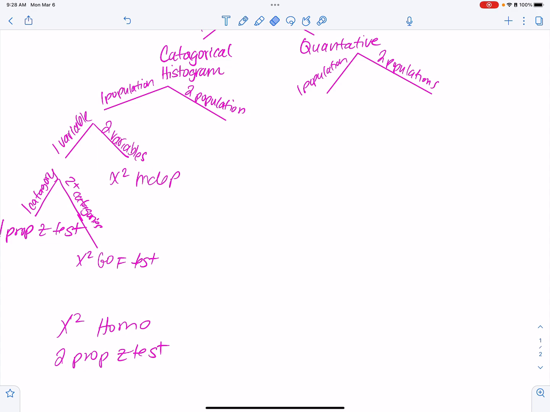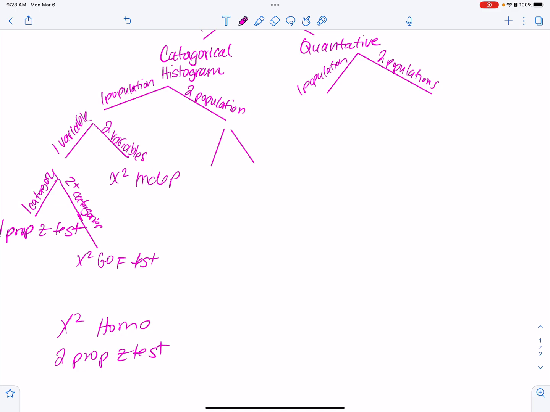But from the two populations, let's do the same thing and say, okay, for the chi-squared homogeneity test, again, I'm going to see, am I comparing two things?